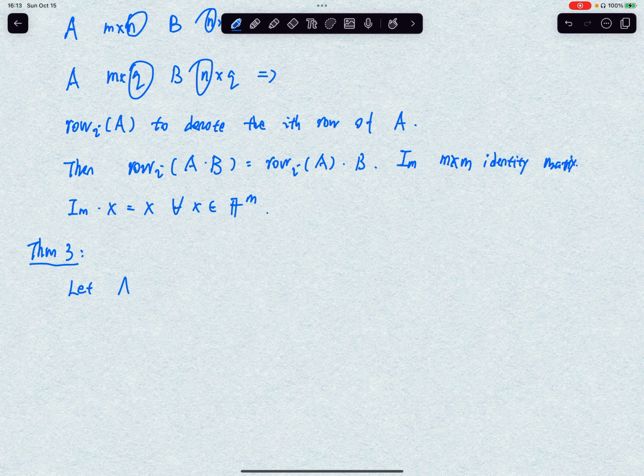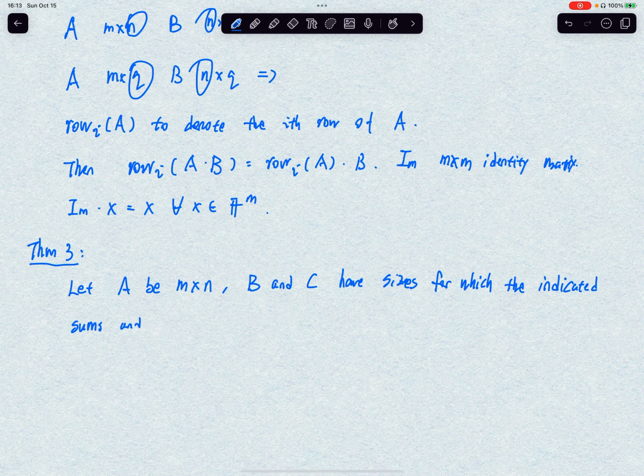So now let us state and prove Theorem 3. Let A be an m by n matrix, and let B and C have sizes for which the indicated sums and products are well defined.